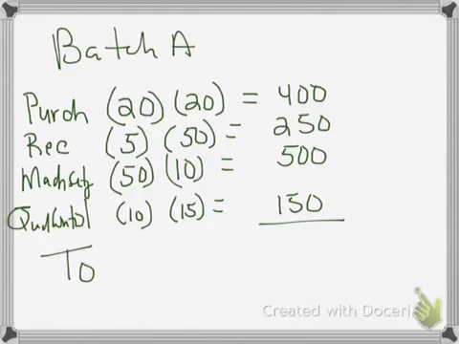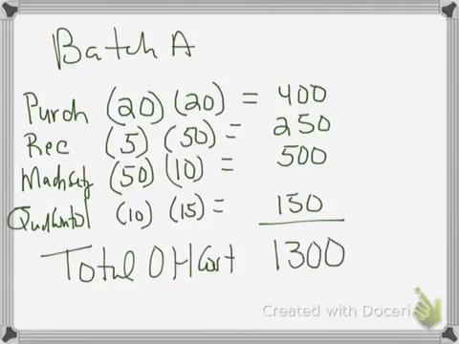So my total overhead cost is going to be taking all of these different activities and adding them together. And so my total overhead cost for batch A is $1,300.